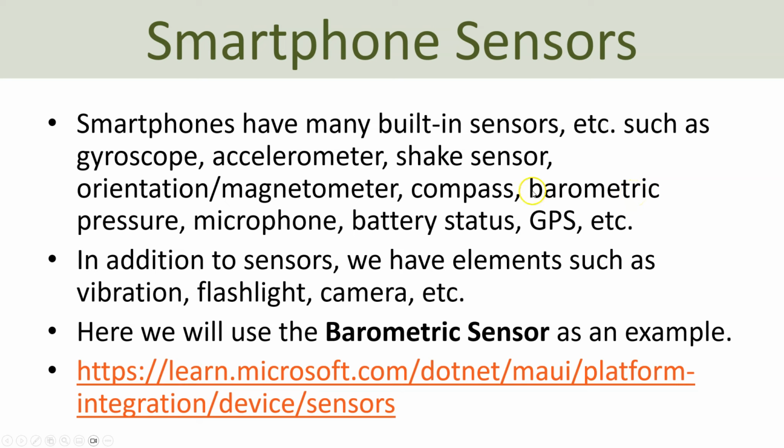And if you know how to use one of these sensors, you can easily also apply and use the other sensors as well, because the way you program this barometric sensor is the same as you also program the other sensors that are available. Of course, we have also such elements as vibration, flashlight, camera, etc. But as mentioned, in this tutorial we will focus on the barometric sensor.